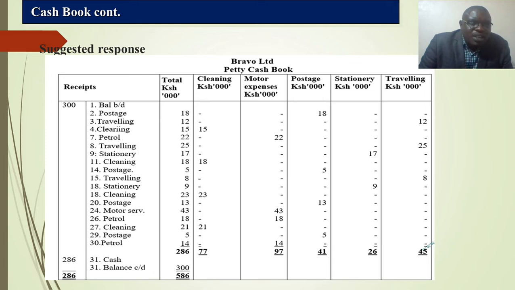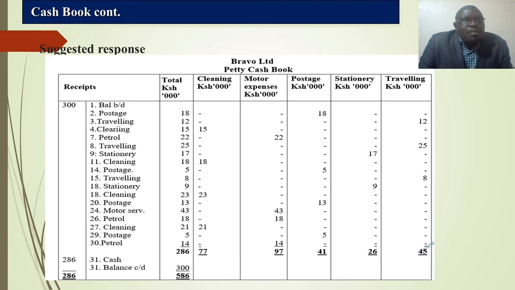The petty cash book looks like that. It has ideally what we call 4 columns. Let me explain the 4 columns. The first column is the receipts column, where we indicate the amount we have received. The second column is the details column, which explains the expense which was paid by the petty cash. The third column is the total column, the amount spent for that day.